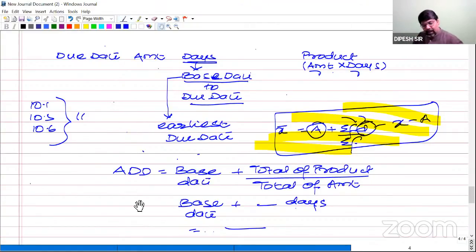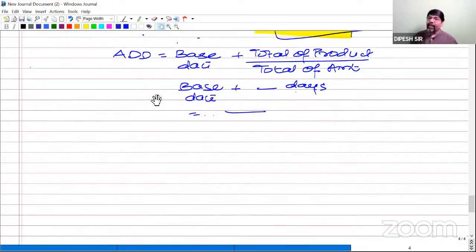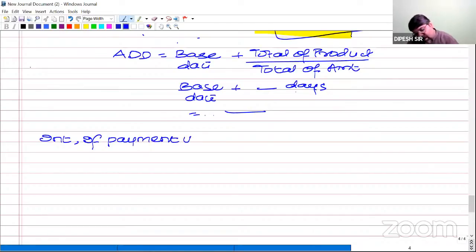Now, chartered, let's solve one question on average due date. Thereafter, interest. If payment is on ADD, no interest.